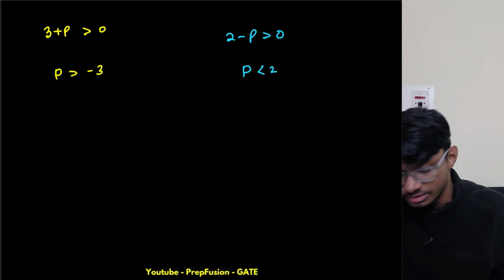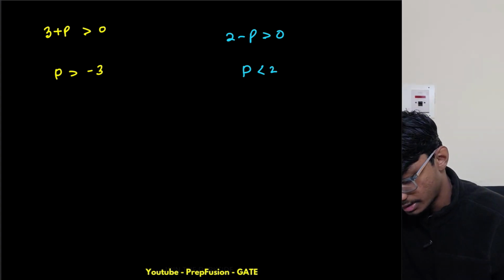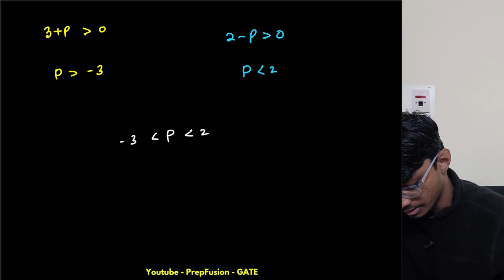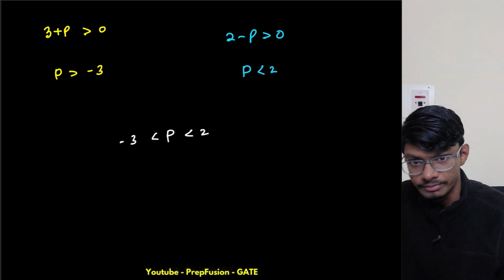So p should be greater than minus 3. And 2 minus p should also be greater than 0, so p is less than 2. So these are my two conditions. So what are my limits on p? The positive parameter p should be less than 2 and greater than minus 3. These are my limits on p.